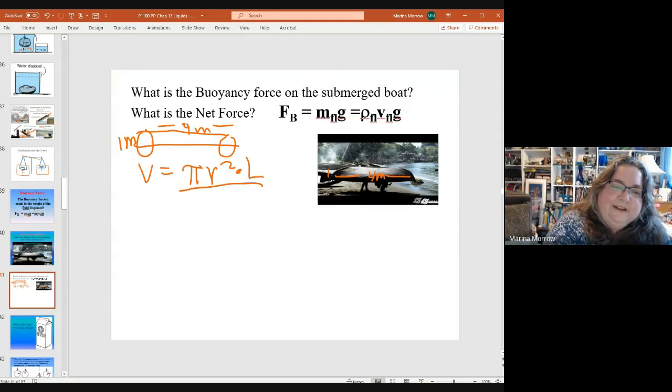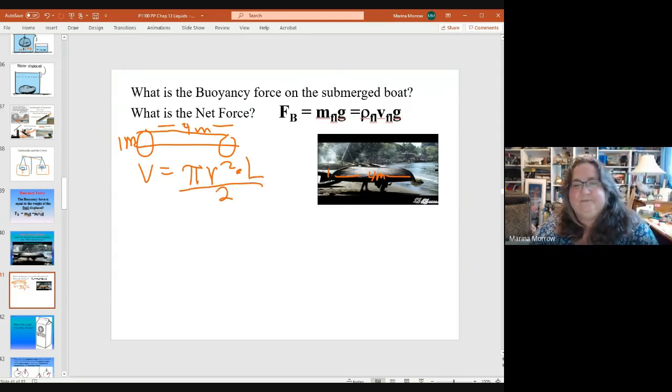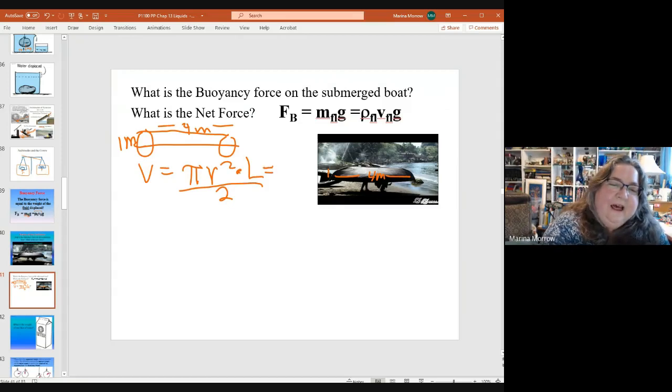And then we're going to divide by 2 because we're doing a half cylinder. Okay, so we've got pi times 1 squared times the length, which is 4, and that's over 2. So really we end up with pi times 2.